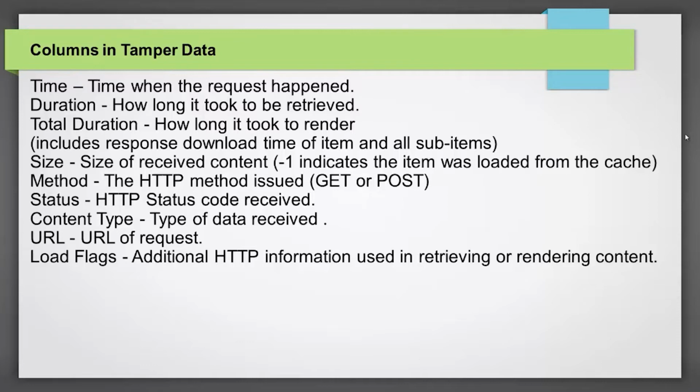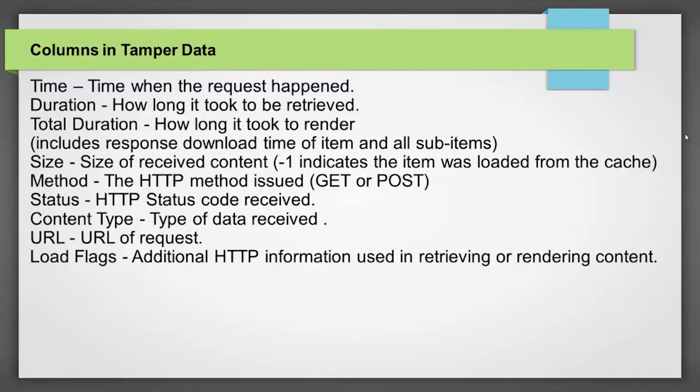The method column indicates the HTTP method issued, whether it was GET or POST. The status column tells us the HTTP status code that was received. The content type column tells us the type of data that was received. The URL column tells us the URL of the request.